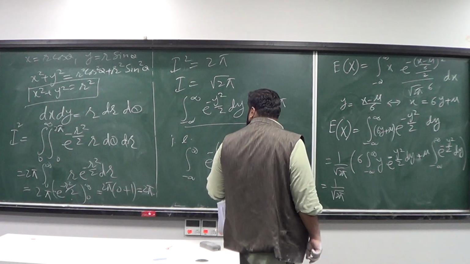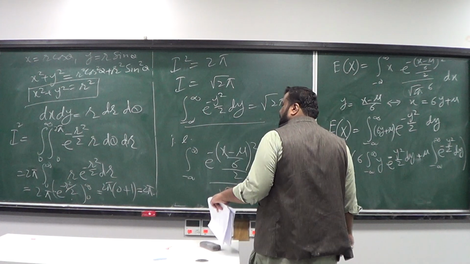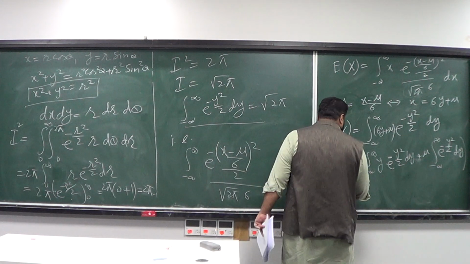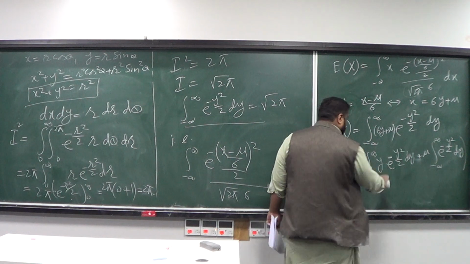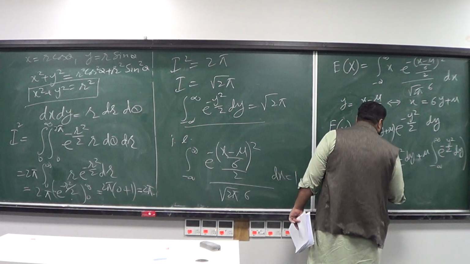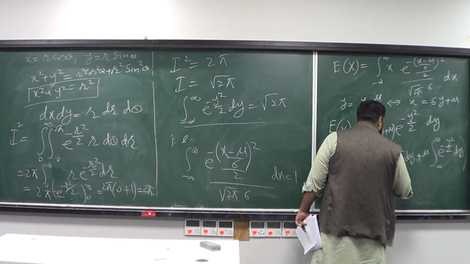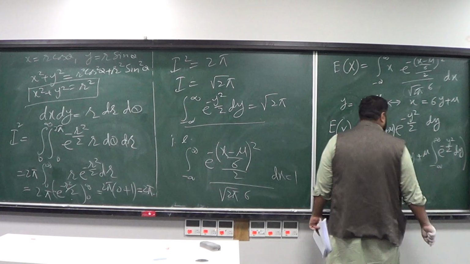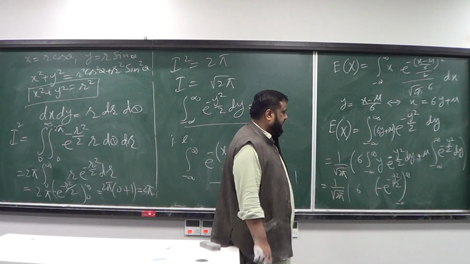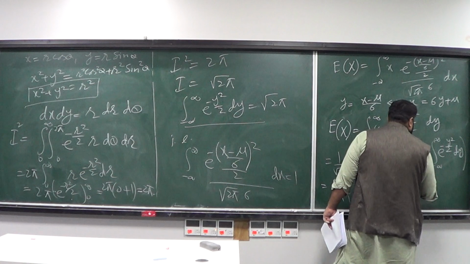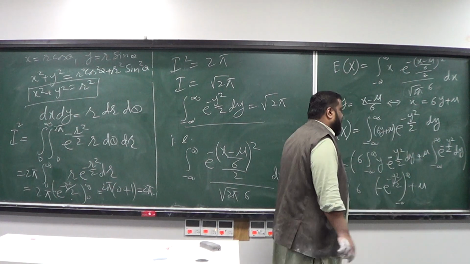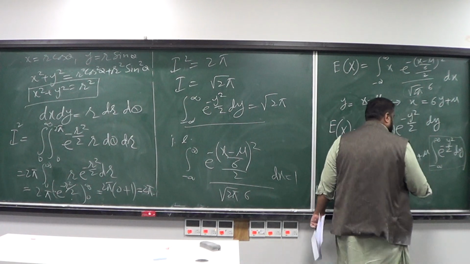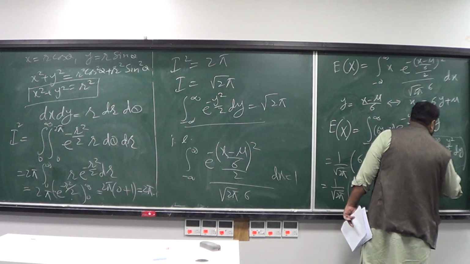If you compute this integral, you're going to get minus e to the minus y square by 2, and then substitute the limits minus infinity to plus infinity. Plus mu times, what is this integral? We previously computed this integral, and it is equal to the square root of 2 pi.